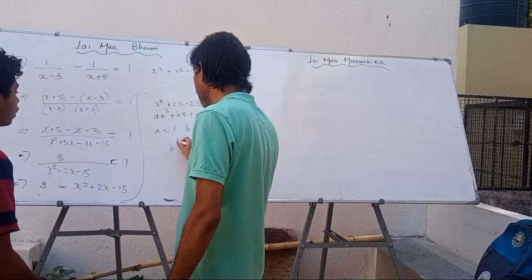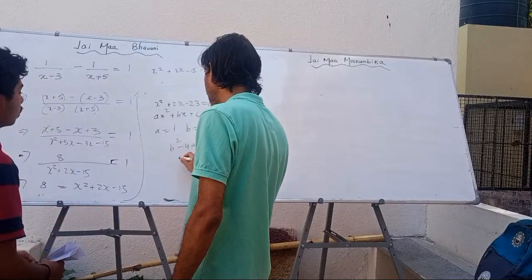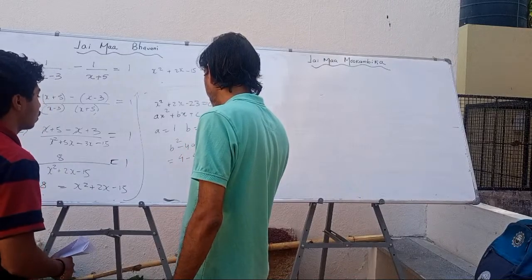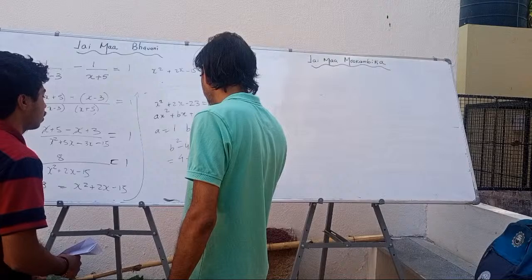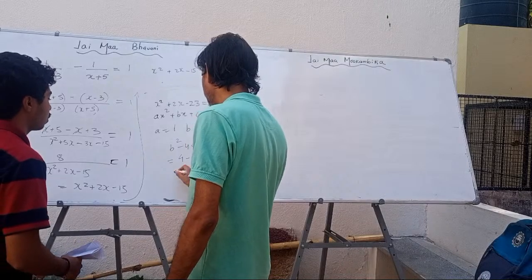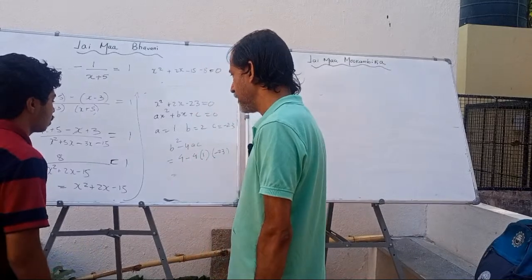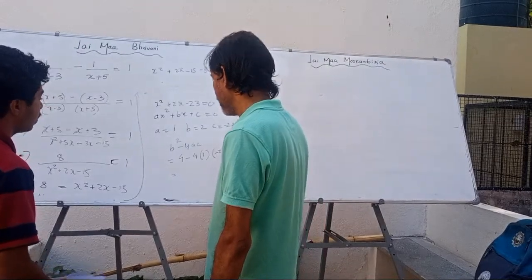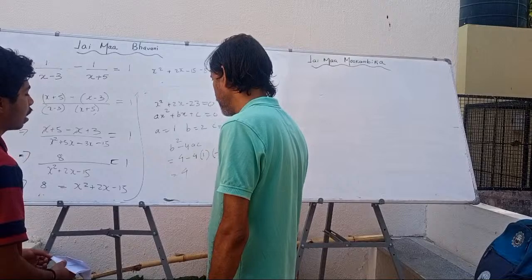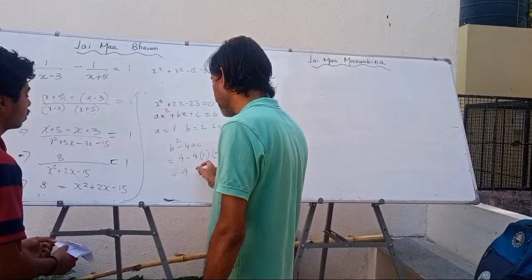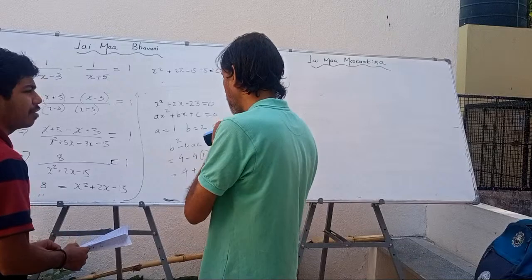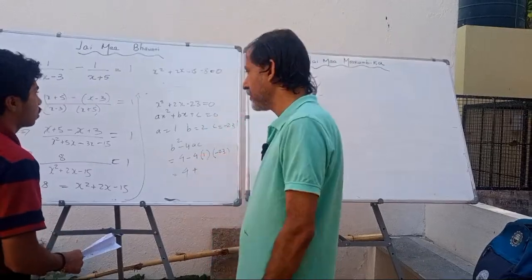So b square minus 4ac is equal to what? 4 minus 4, a is 1, c is minus 23. Is it imaginary? No. How? It will be 4 plus 4 into 23, 23 into 4.